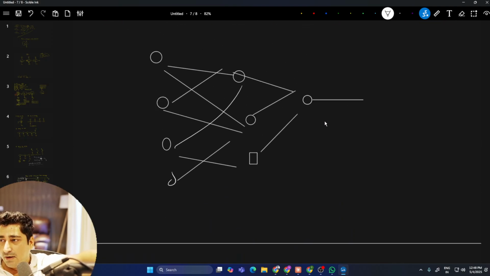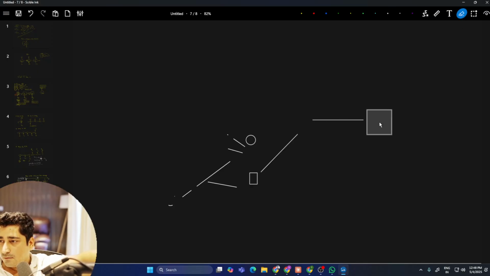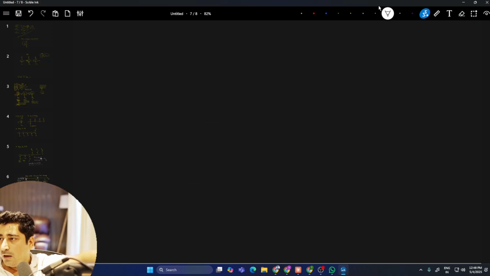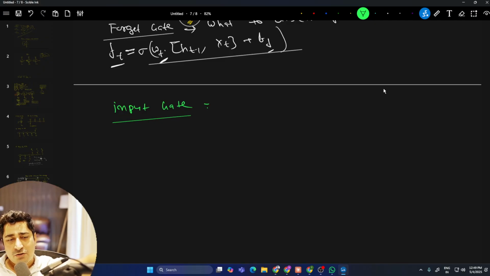So let me write it down. Let me delete this one. I'll write it down here itself. Okay, so let's talk about the input gate. Now what does it do? The input gate always tries to decide what new information to store in memory.